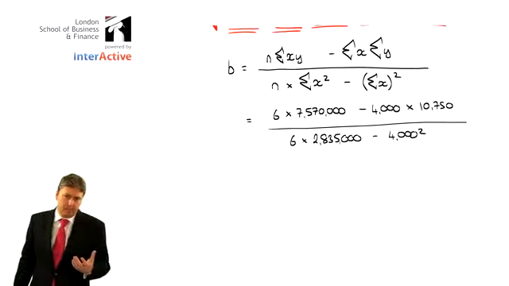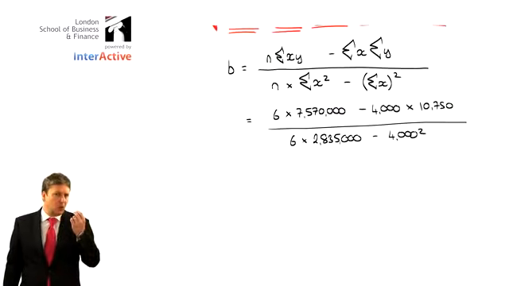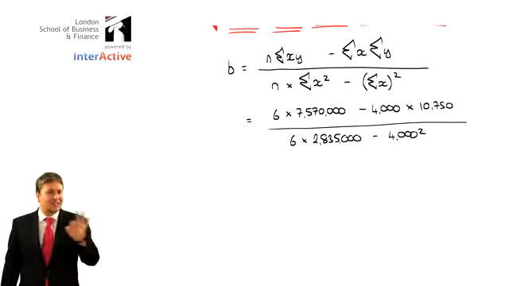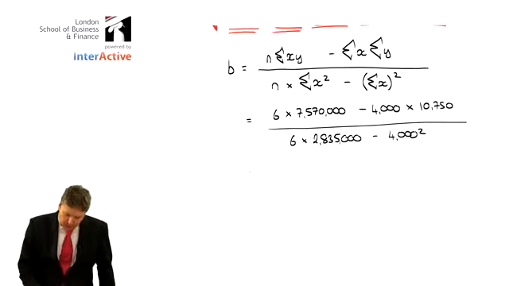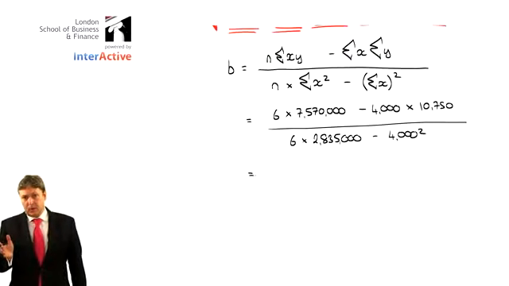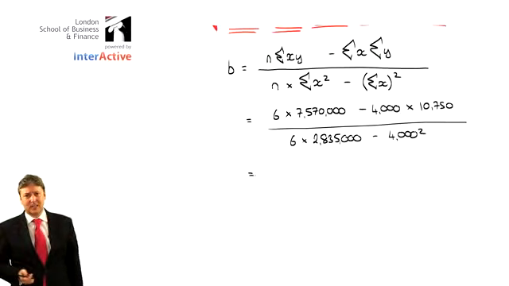If you have a simple desktop calculator that is not scientific, you've got to be a little bit more careful as to how you put the numbers in. Make sure that you have a go at this and satisfy yourself that you can get the right number. It's not difficult, but let's make sure we get it right in the exam.